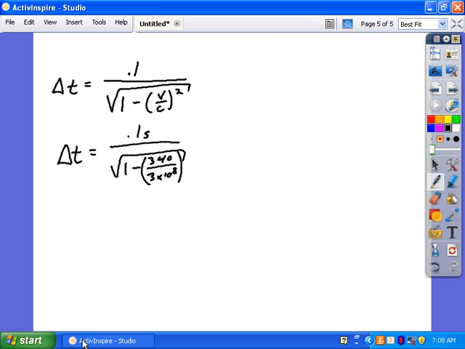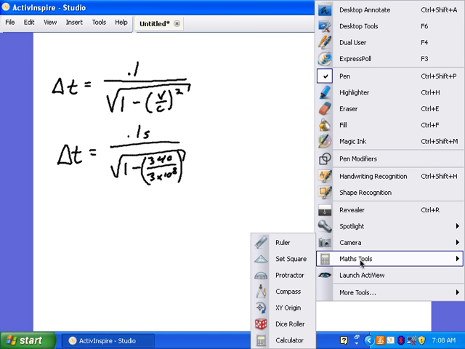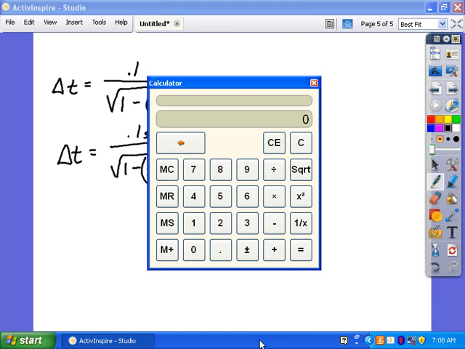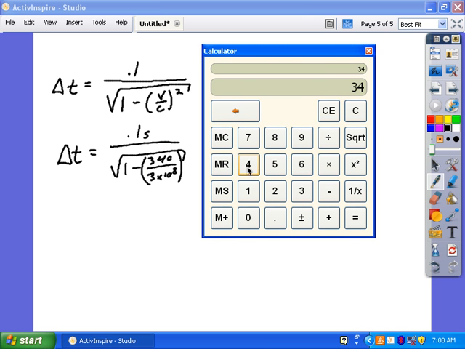All right, so my calculator, math tools, calculator. Alrighty, so 340 divided by 300 million equals 0.000001.